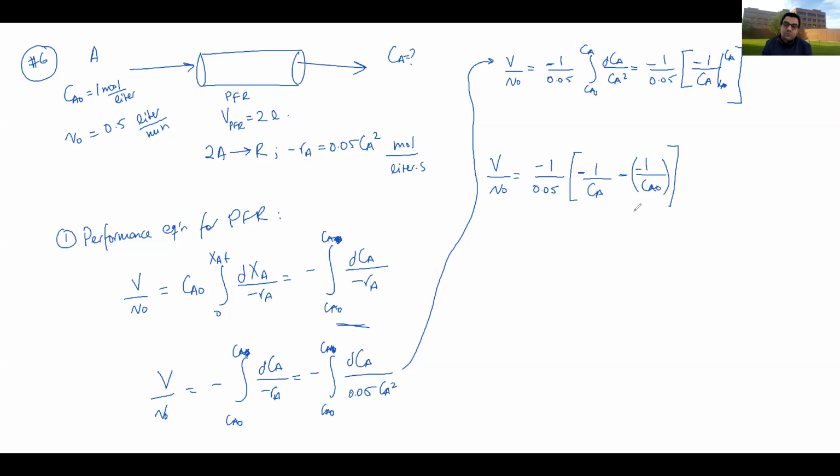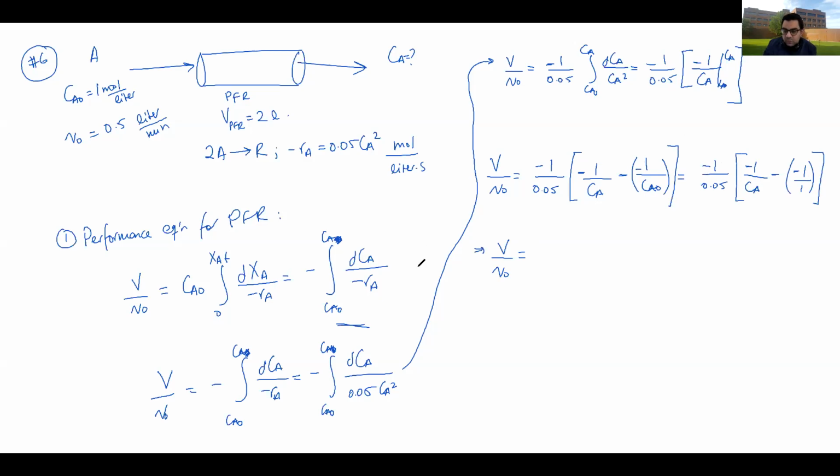CA naught was 1, so this is equal to minus 1 over 0.05 times minus 1 over CA minus minus 1 over 1. Basically, V over V naught is equal to minus 1 over 0.05. Let's just calculate this because we're going to get a clean number.